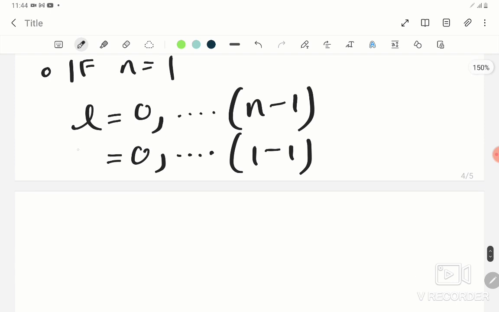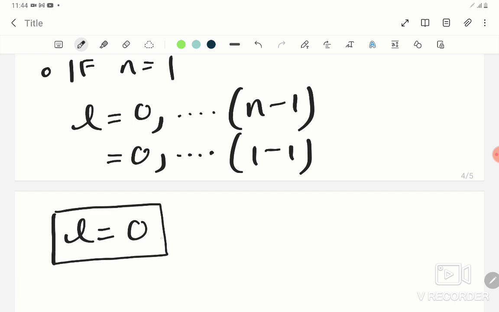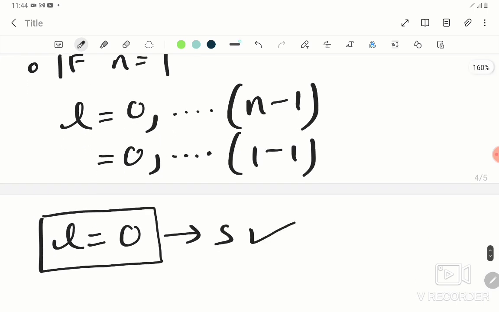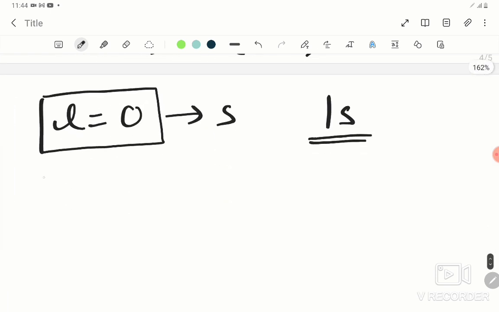Therefore, angular quantum number will start from 0 and end at 0. इसका मतलब there will be only one value of angular quantum number which is equal to 0. Now guys, L is equal to 0 signifies s orbital and इसका मतलब ये है that inside principal quantum number 1 there is only one type of orbital which is s orbital and the name of this orbital is known as 1s orbital. Now guys, let's look at the next case.